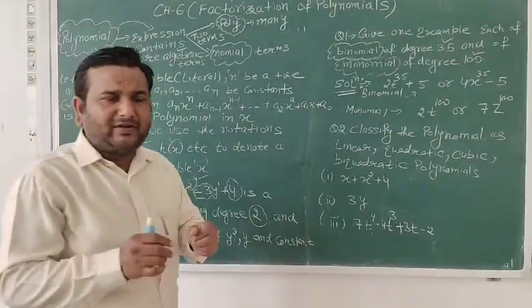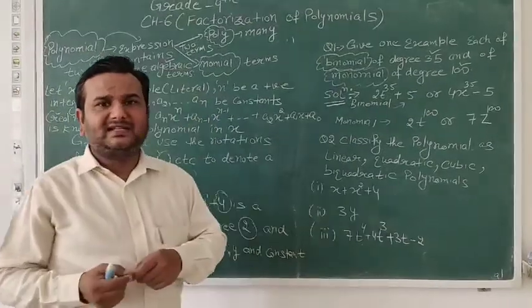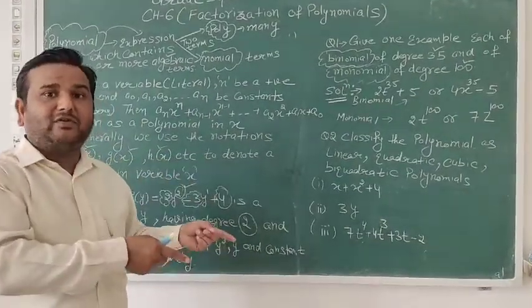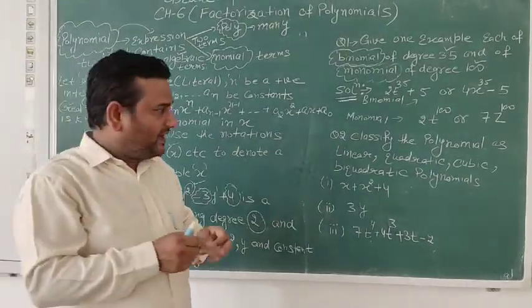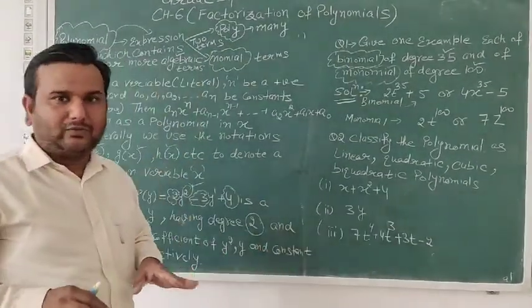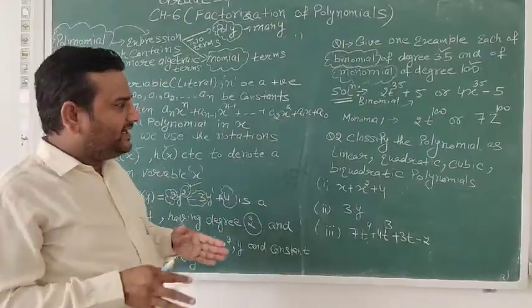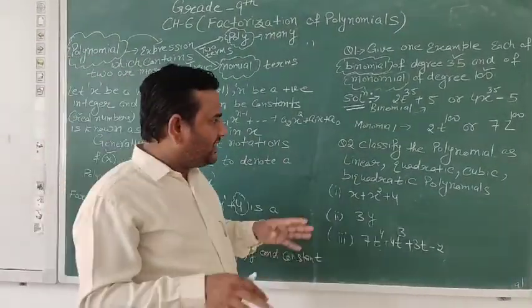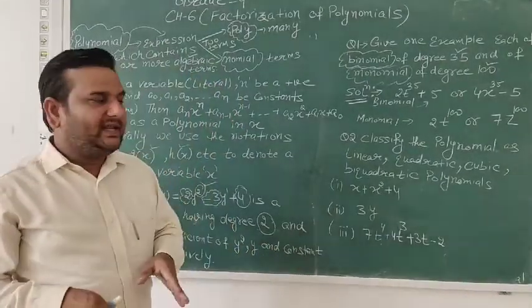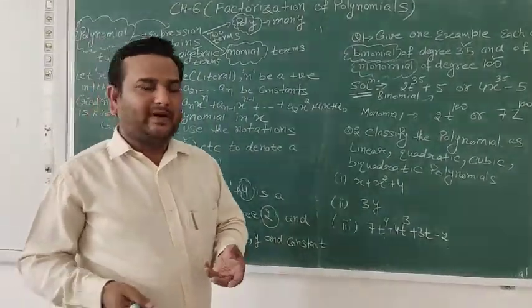For cubic, we can say degree, or if we use highest, then the word appropriate is power. If we get the degree 3 in the polynomial, then it is said to be a cubic polynomial. If in the given polynomial the degree is 4, the polynomial is said to be biquadratic.